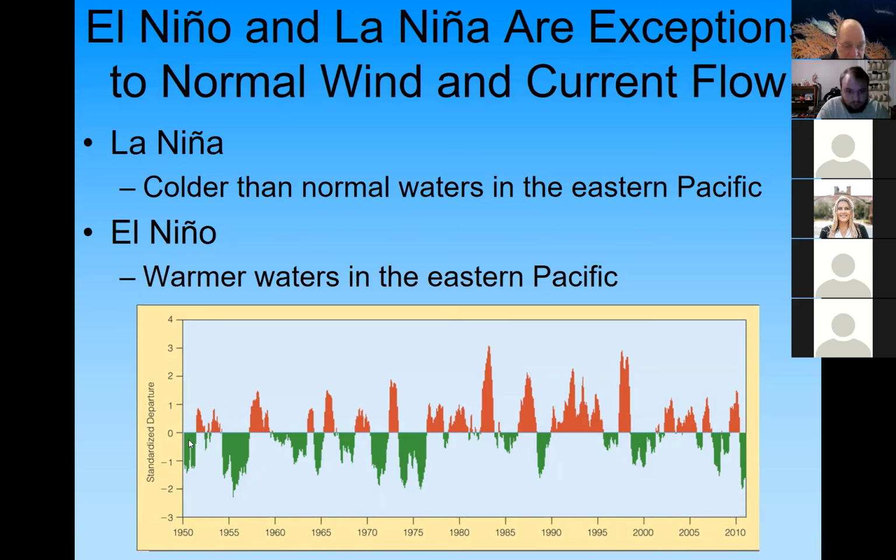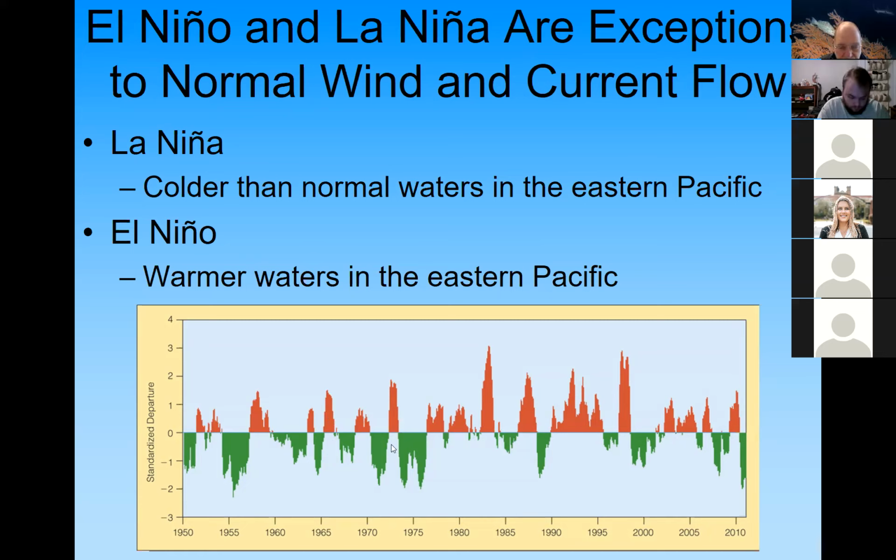But here you can see, these green temperatures represent La Nina conditions, and the warm temperatures represent El Nino conditions. So this oscillation between La Nina and El Nino is pretty typical. And you can see that these conditions last for a year or more.